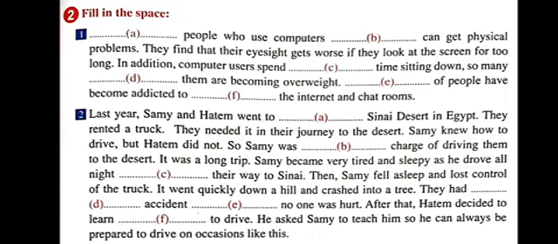Here is another exercise. Space people who use computers, space can get physical problems. They find that their eyesight gets worse if they look at the screen for too long. In addition, computer users spend space time sitting down. So many space them are becoming overweight.